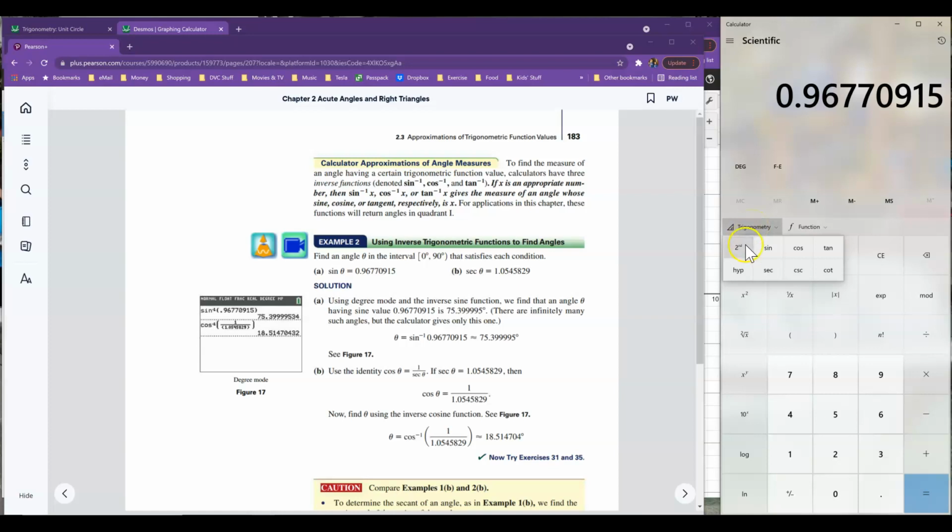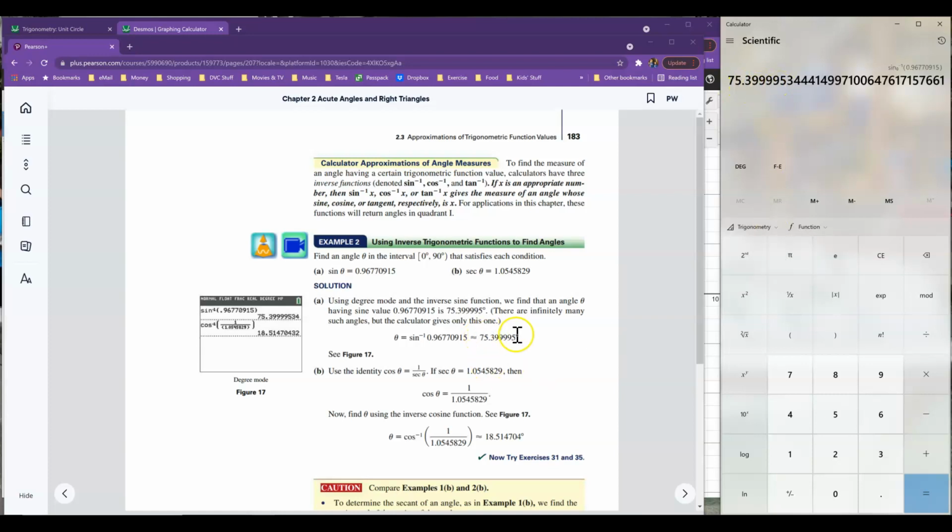But if I click on second, then it shows me the inverse functions. So then I would click on inverse sine of that value, and then it should give me the angle. And 75.399, you can see that's the angle measurement. So we're in degrees, so we know this is a degree measurement, and then it gives me the angle in degrees.